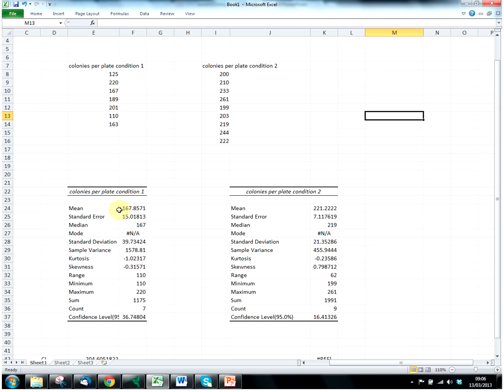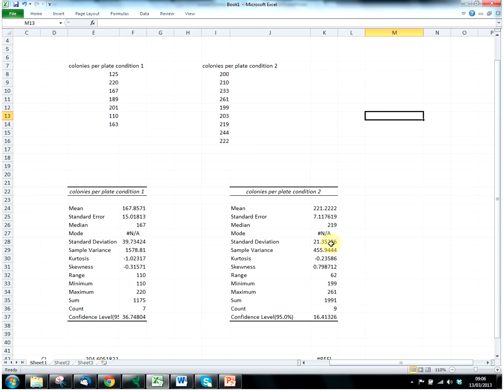And I found that my average colony number for condition 1 is 168 colonies per plate. I have a certain standard deviation, and I can do that also for condition 2. I get a mean of 221 colonies, and again I have a certain standard deviation.